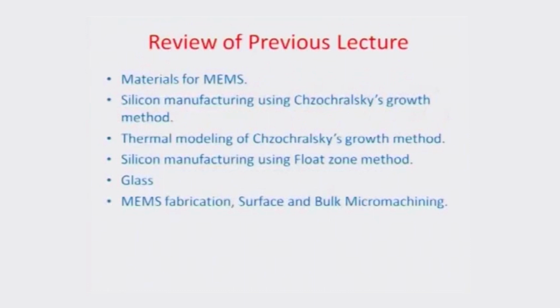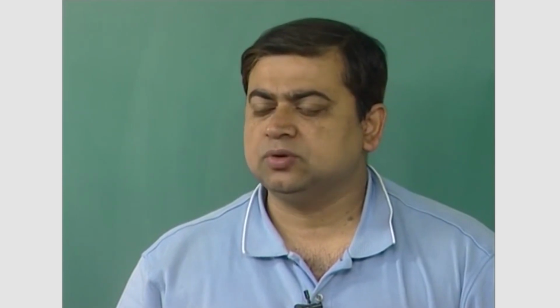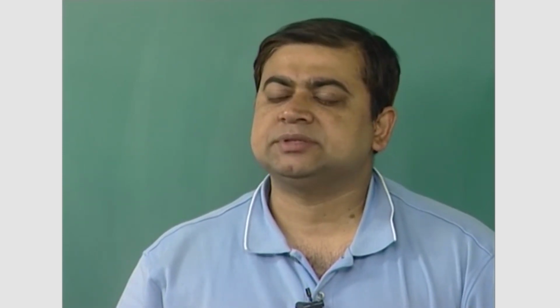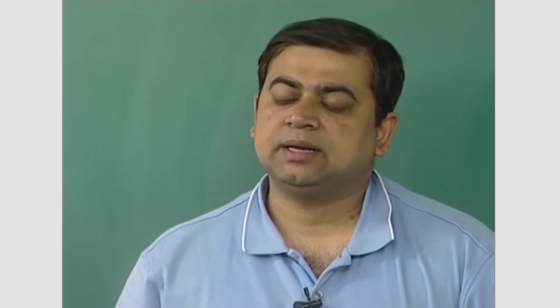So, we studied some of the silicon manufacturing techniques using the Czochralski growth method, where a crucible maintained in an inert atmosphere was rotated and a seed crystal was lowered into the crucible for getting a boule. This boule would be a sort of directional growth of the fused 99.99% pure polycrystalline silicon in the crucible.